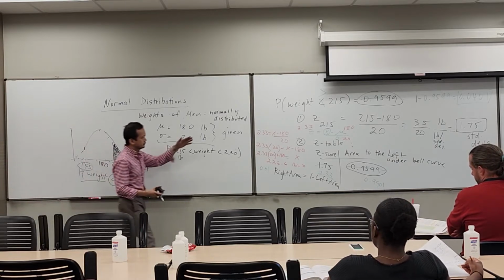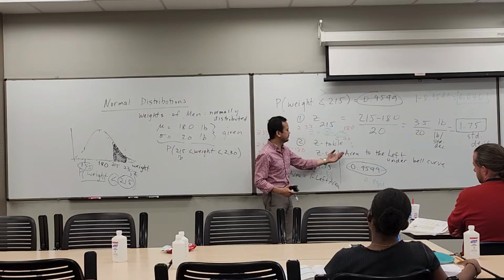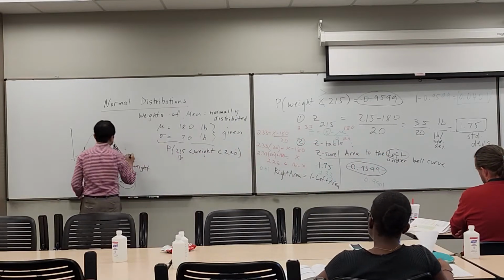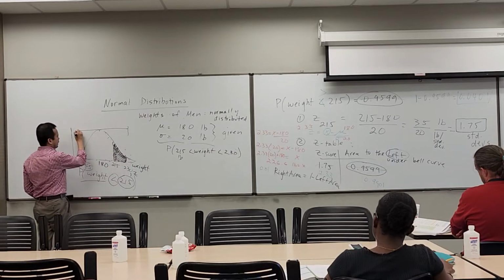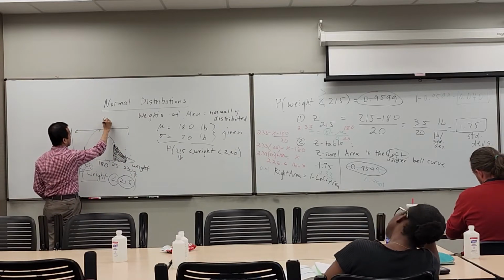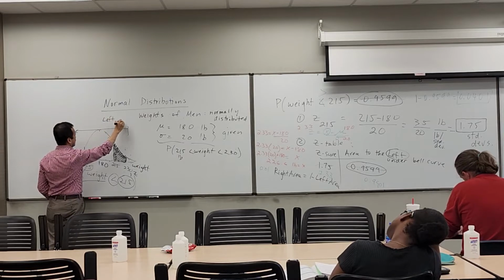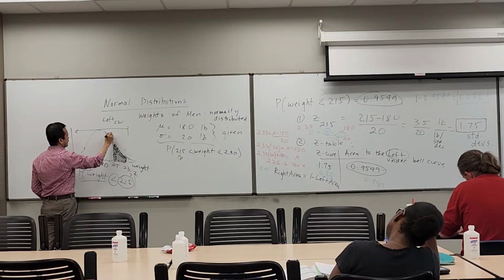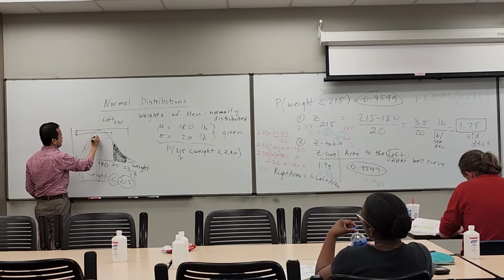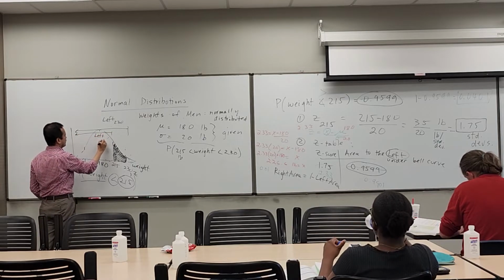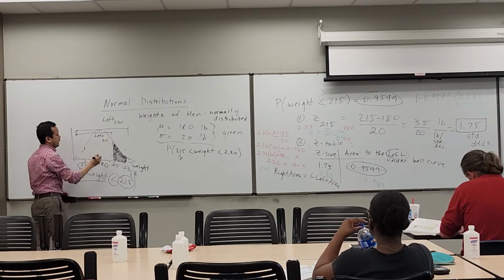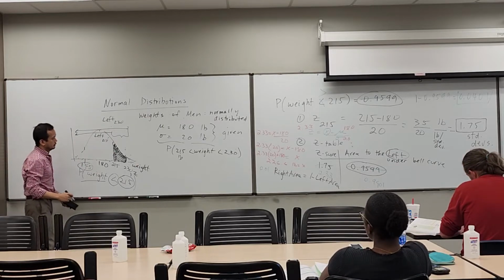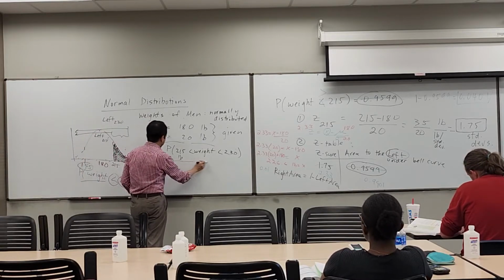Okay, good. So based on what we talked about, we know how to find the left area relative to any z-score using the z-score chart. So we're going to find the left area of 230, and we're going to take away the area of 215. And then that's going to leave us with the area that we want in between. So the left area of 230, as practice, let's calculate that.